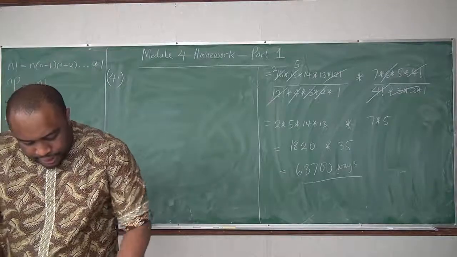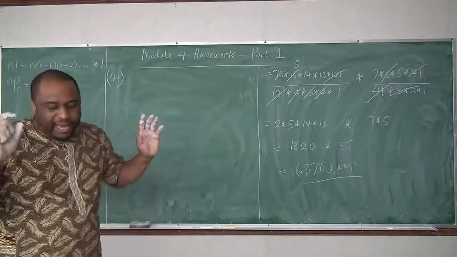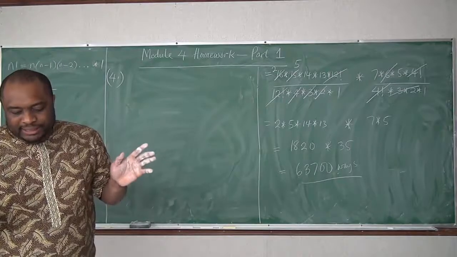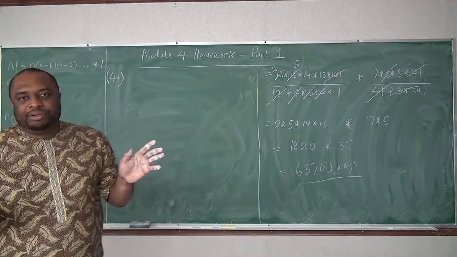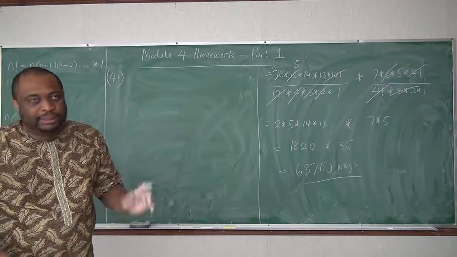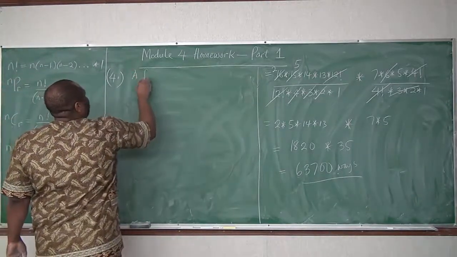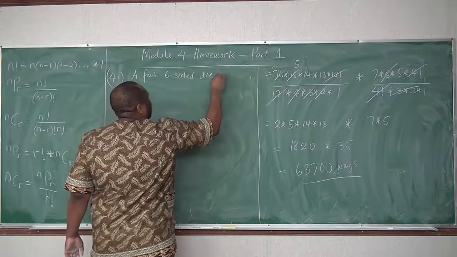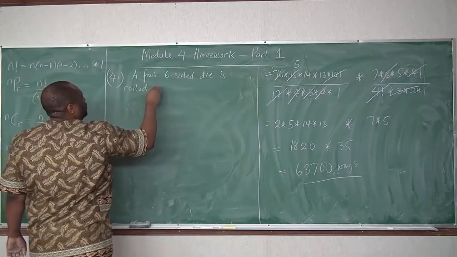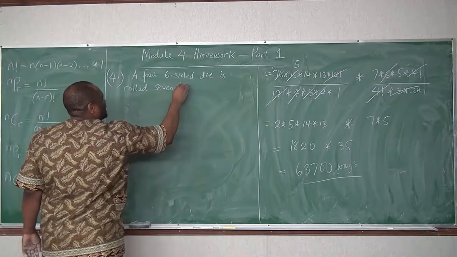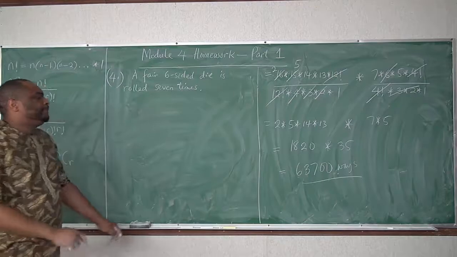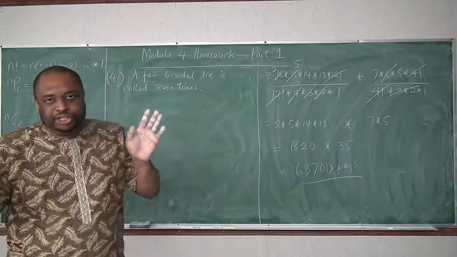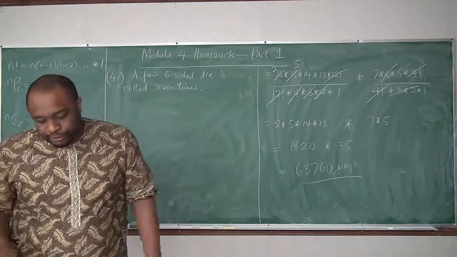A fair 6-sided die is rolled 7 times. And the result is recorded for each row.